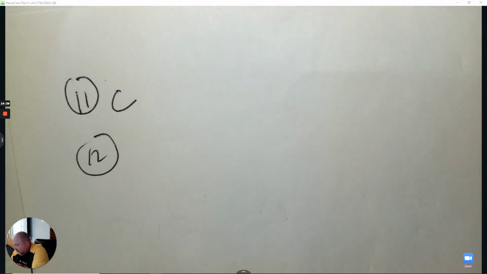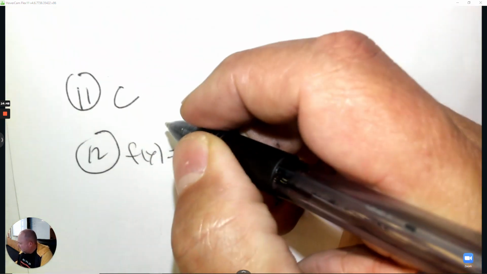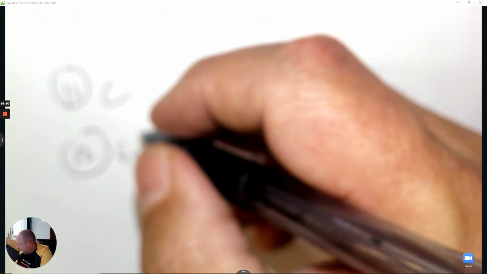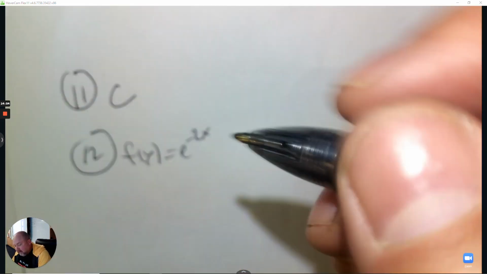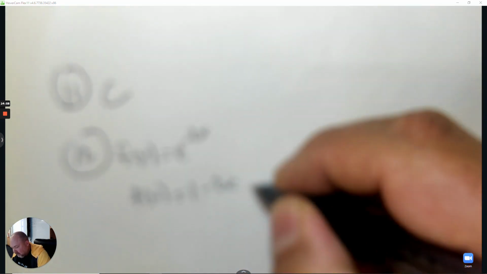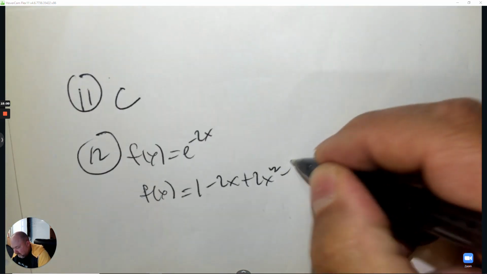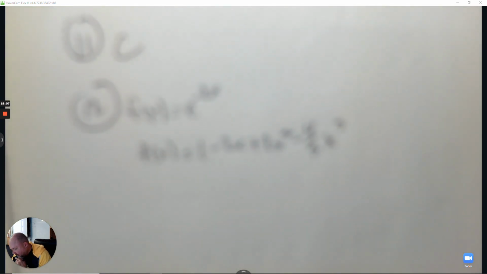All right, number 12. So f of x equals e to the negative 2x, and it's approximated by 1 minus 2x plus 2x squared minus 4/3 x cubed. It's an alternating series.